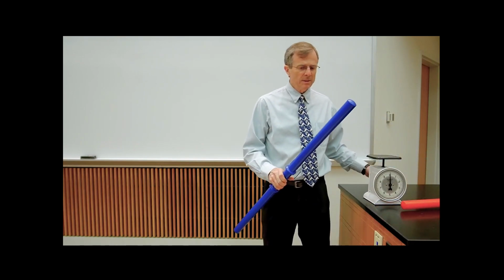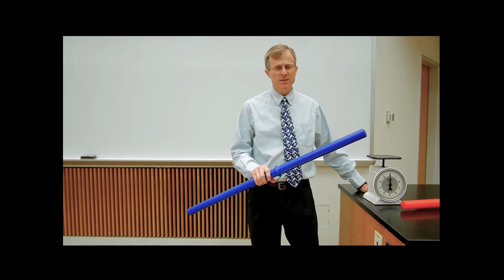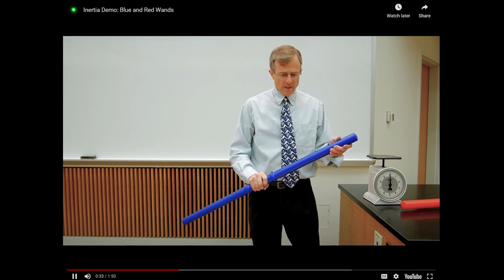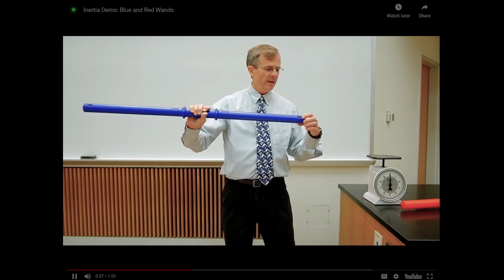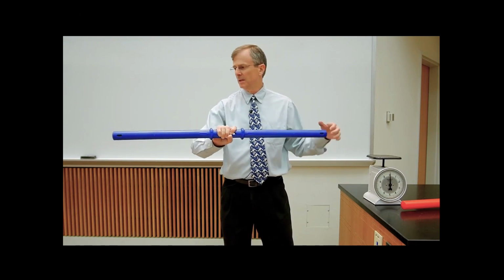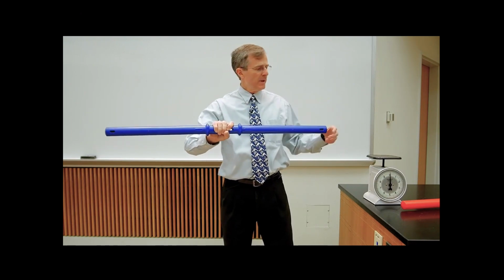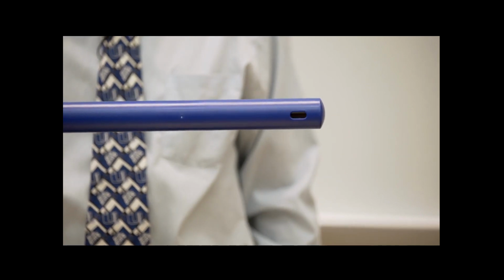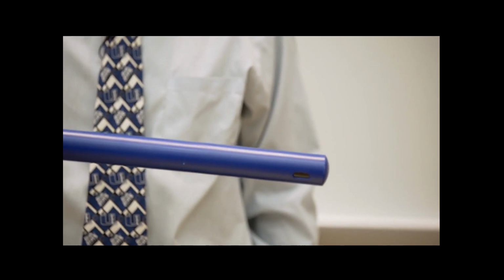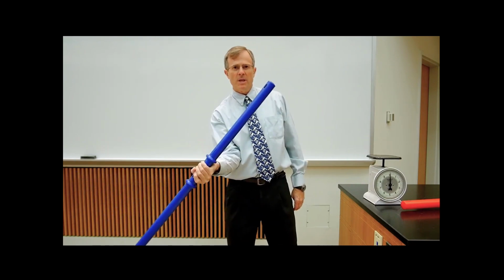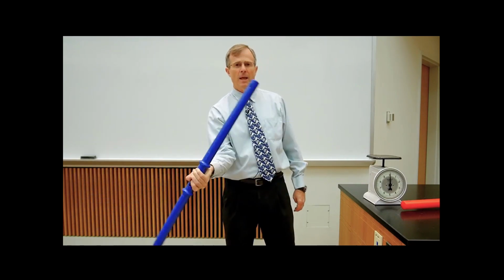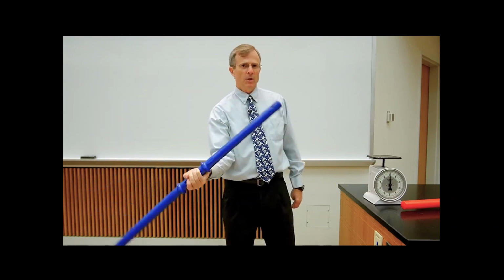But the mass in these rods is distributed differently. In the blue one, the mass is distributed near the ends, and in fact you can see here that there's mass covering these holes. And if I use all of my amazing strength to try and rotate this as fast as I can, this is as fast as it goes for me.